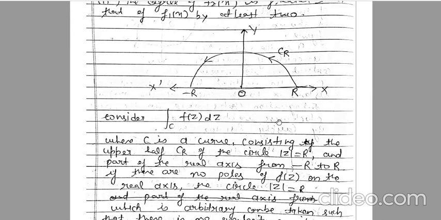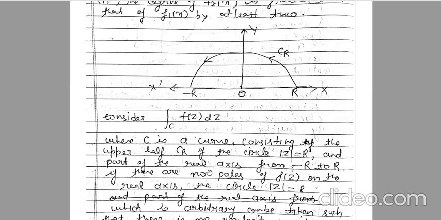We will find our integral value only in the upper half circle, not the whole circle. So C is a curve consisting of the upper half CR of the circle mod z equal to R. This is a circle of radius R, this side positive radius R, this side negative, and this is your half circle, moving in the anti-clockwise direction.